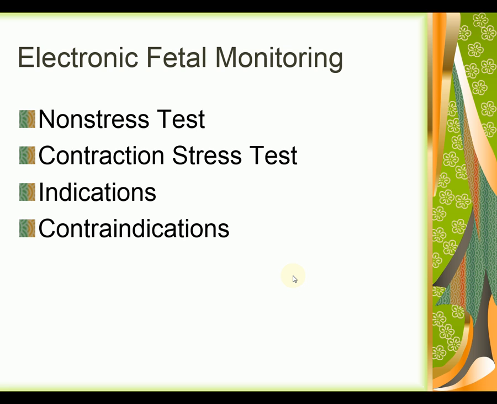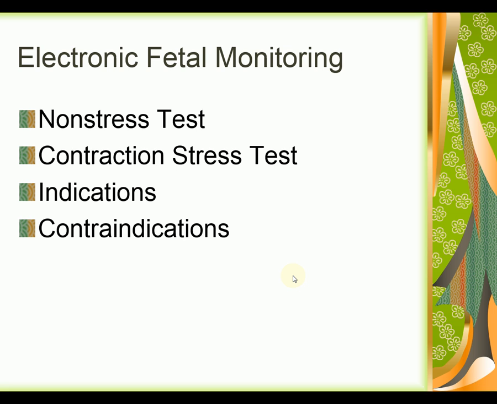So we already talked about indications for a non-stress test, your high-risk patients that have preeclampsia, gestational diabetes, decreased fetal movement, those sort of things. The contraction stress test is done if you don't have a reactive non-stress test. And contraindications for those are basically going to be if their water's broken or if they're premature.